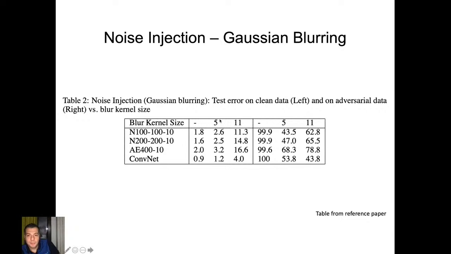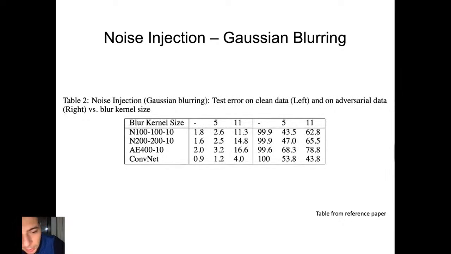And if you blur the images with a kernel, for the clean images you slightly increase the error rate, and for these adversarial examples, the error rate decreases significantly.